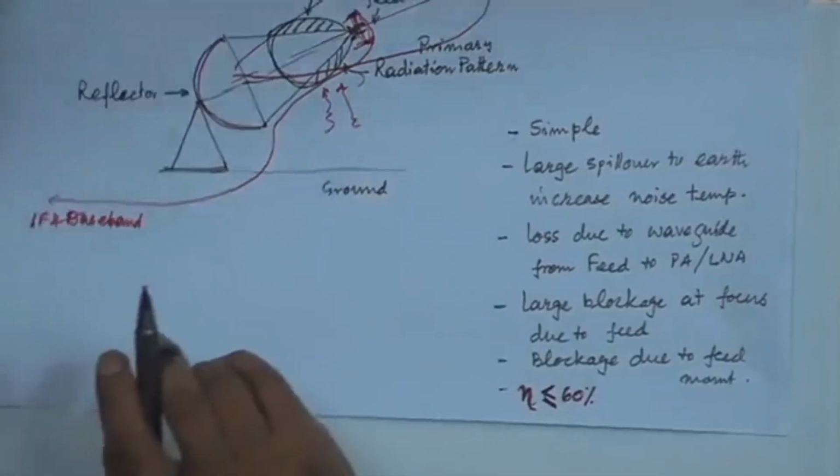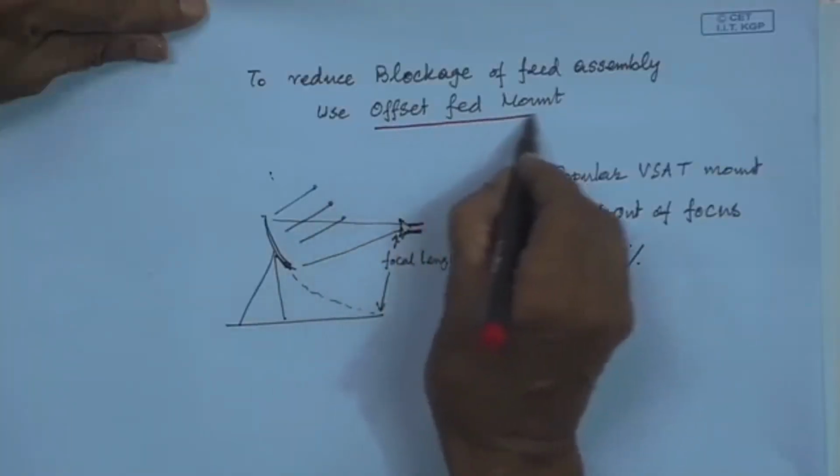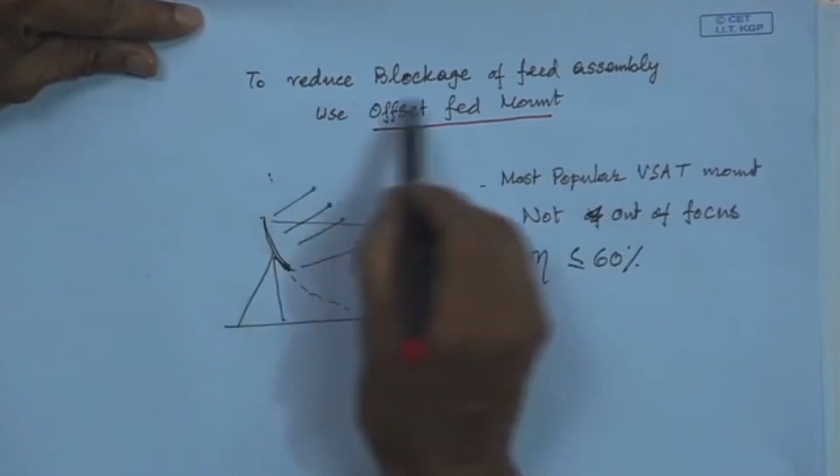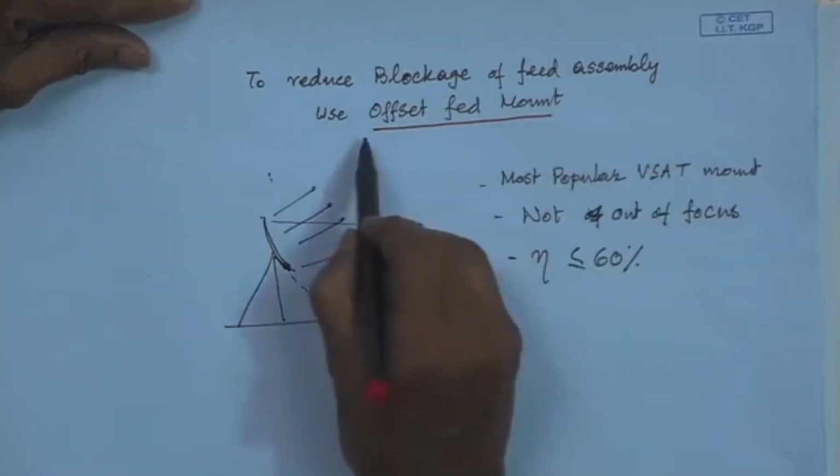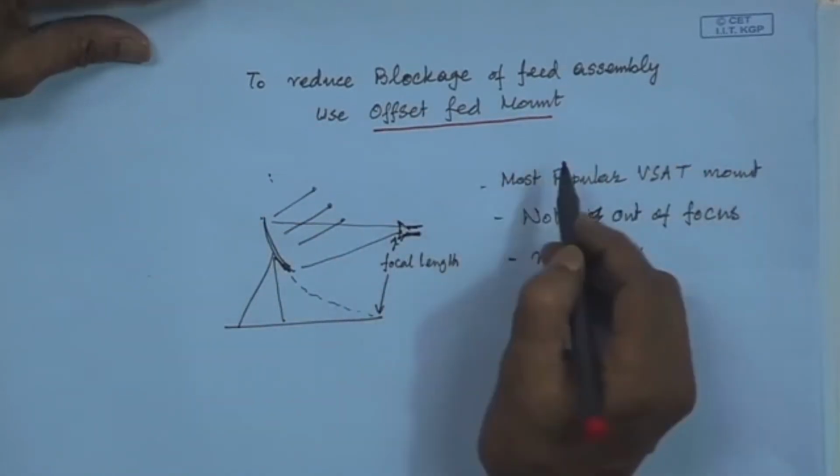That is why people use another type of antenna which is called offset fed antenna. It is called offset fed mount. To reduce the blockage of the feed assembly, they use the offset fed mount.